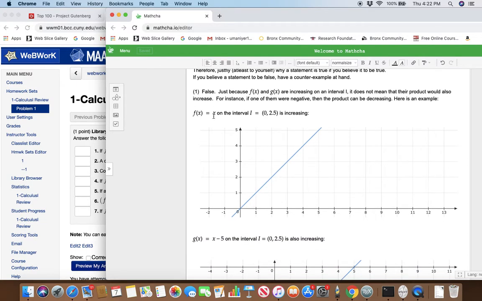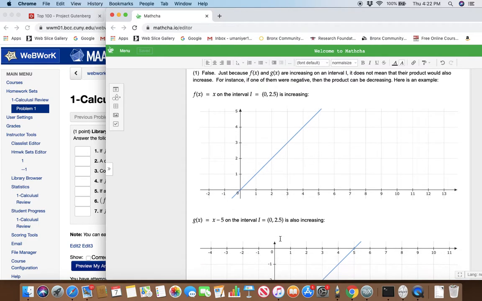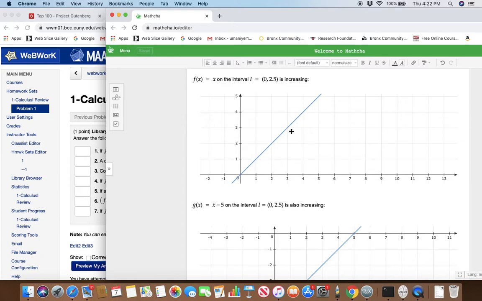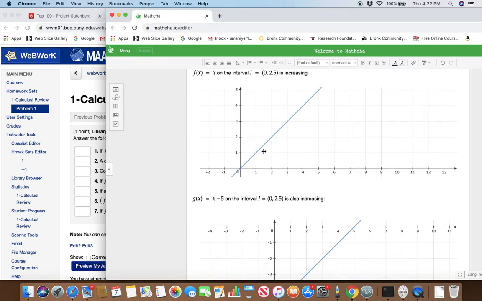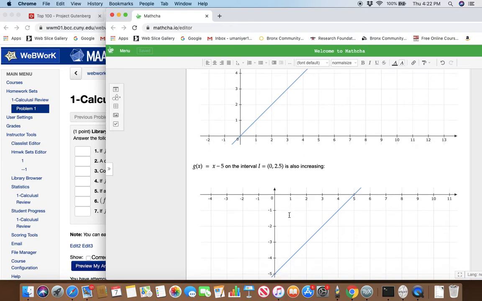Consider the function f(x) = x on the interval 0 to 2.5. That is the y = x graph. Now shift that graph down. That is my function g(x) = x - 5. Shifted graph down.